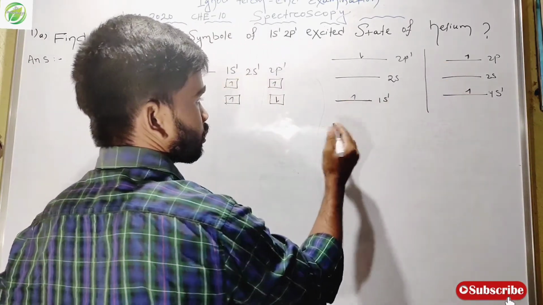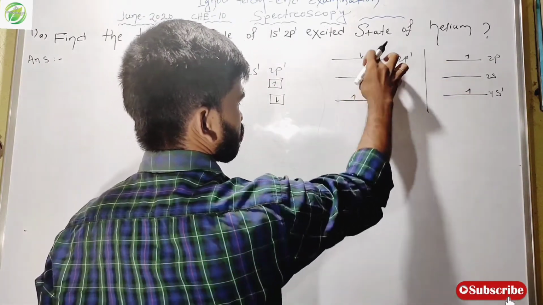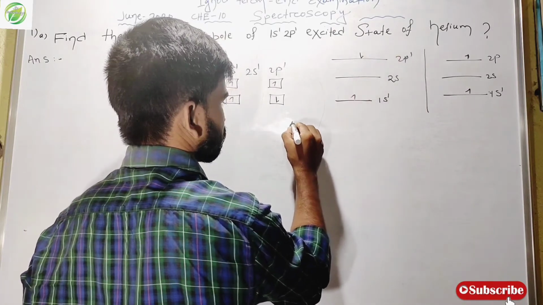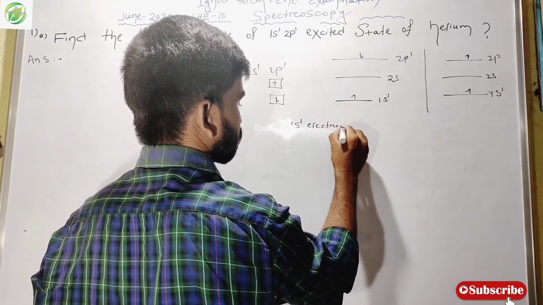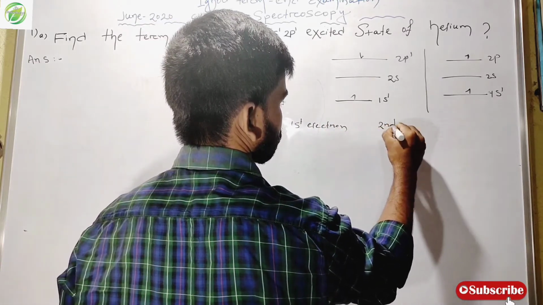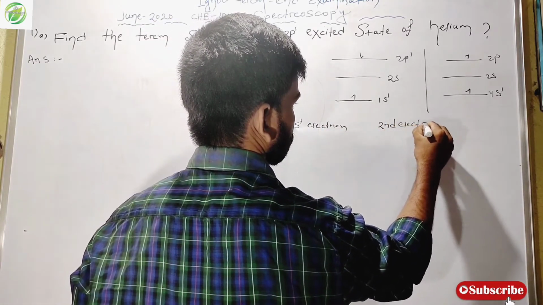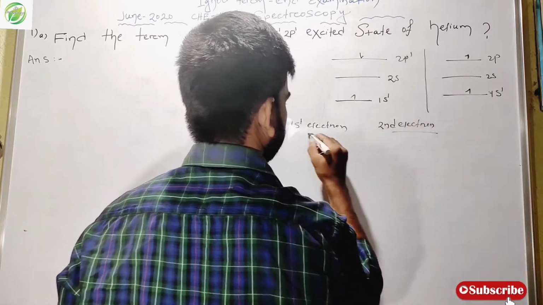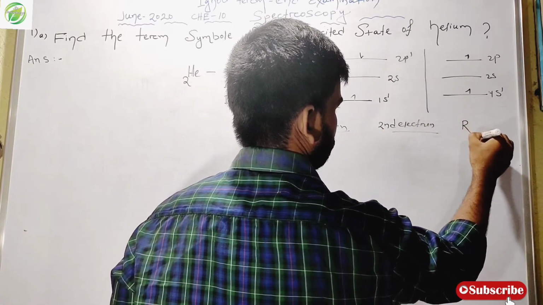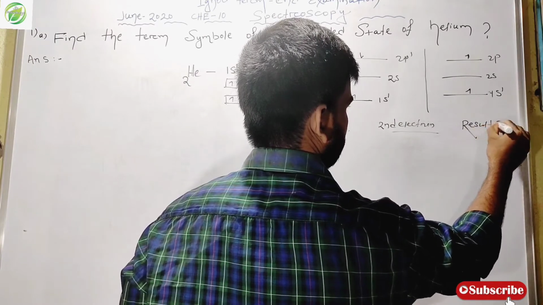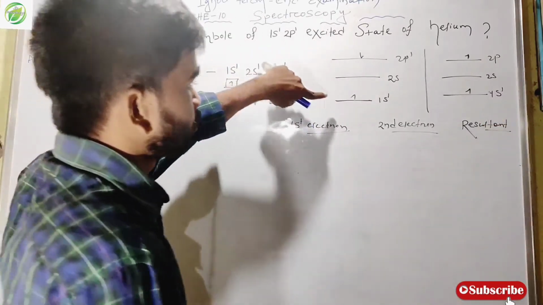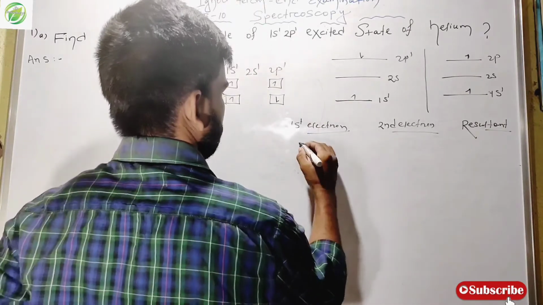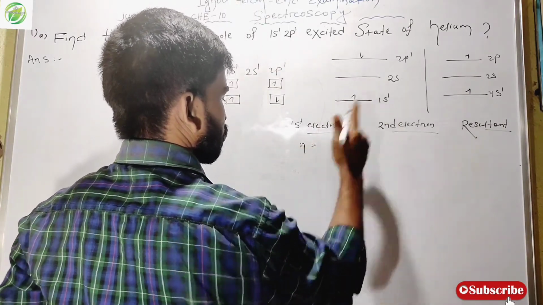For the first electron, the n value is equal to 1.